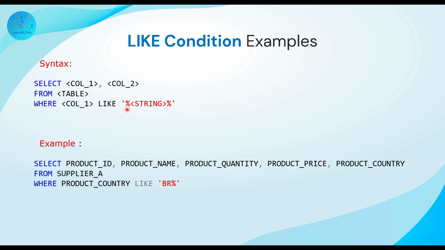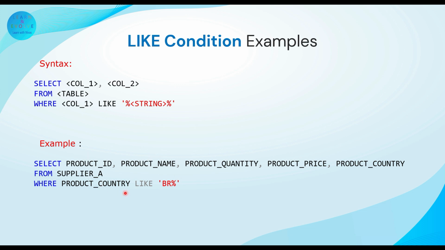For that purpose I have put a percentage symbol on both ends, because I know only the middle part of that particular word. You place that middle part in the string place, with percentage symbols on both ends within single quotes. It will compare each and every record with this pattern, and anything matching will be brought back.